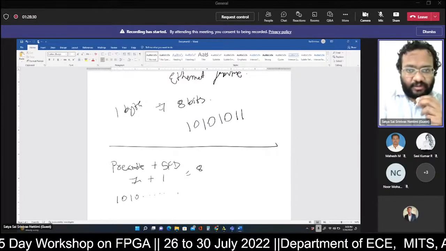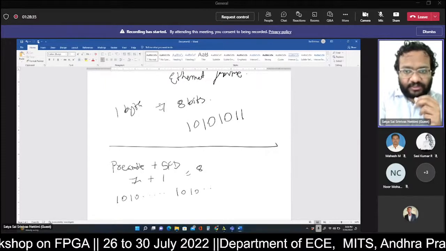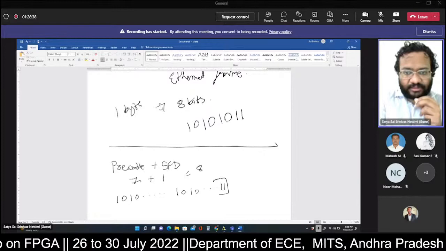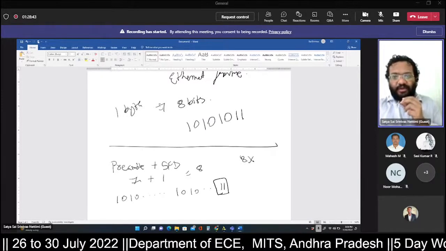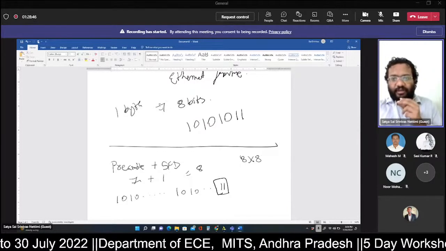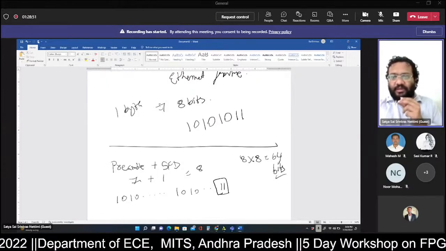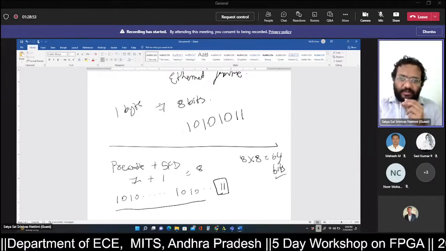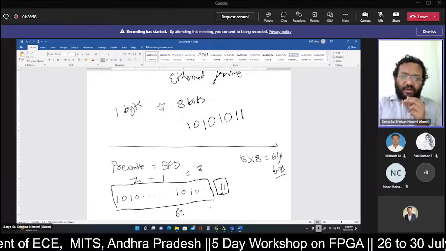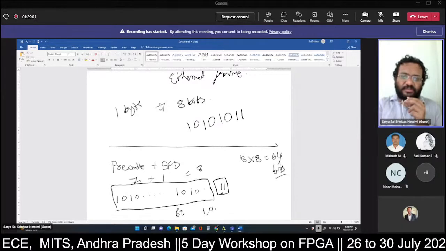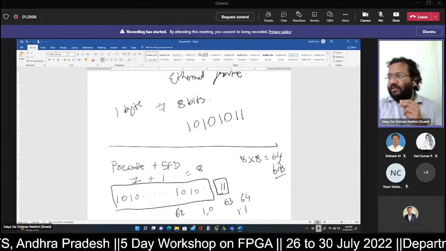SFD is also 1 0 1 0 and so on, and at the end we have two ones. If we combine these two, 8 bytes into 8 bits, total 64 bits. Out of the 64 bits, the first 62 bits are alternating ones and zeros, and the 63rd and 64th bits are 1 1.